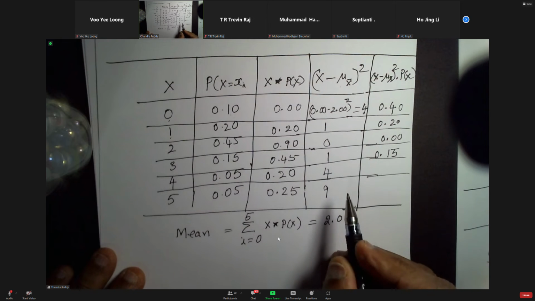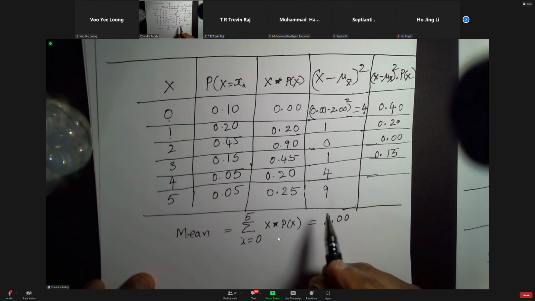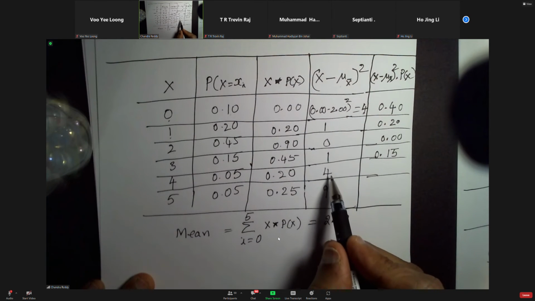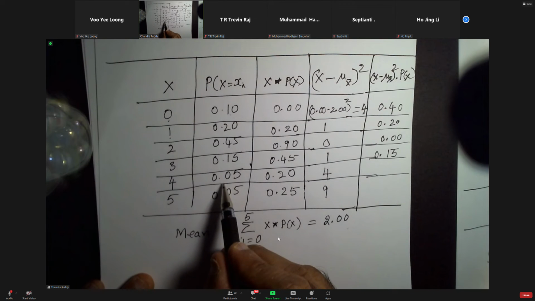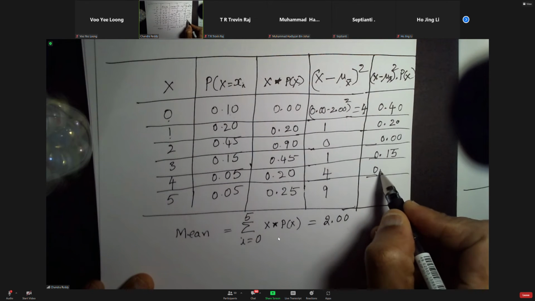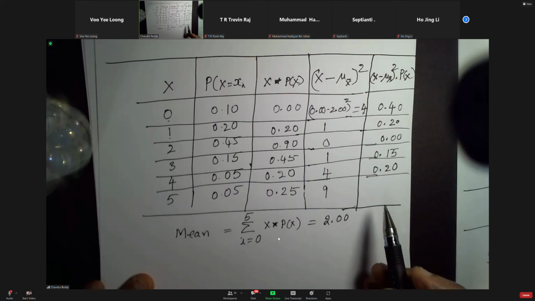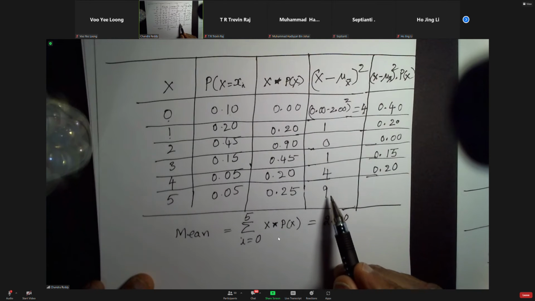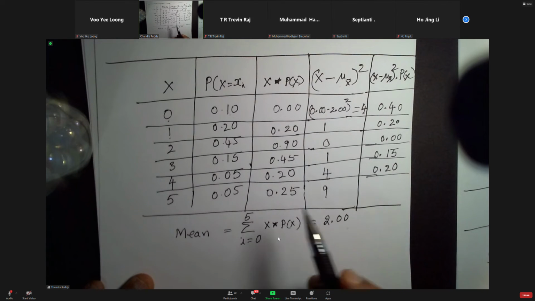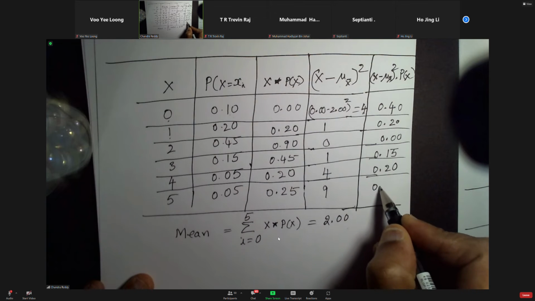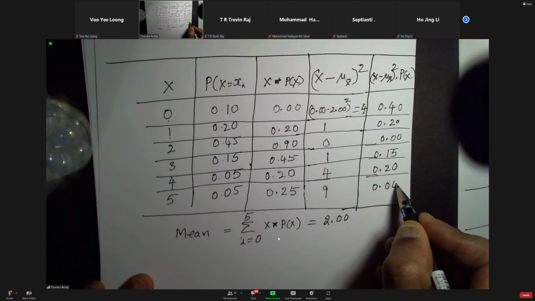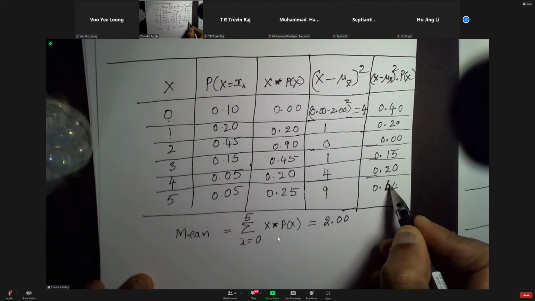That's correct, May. Then 4 into 0.05, so that is 0.20. The last one, 9 into 0.05, is 0.45.